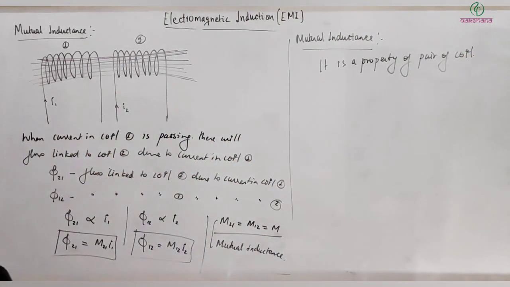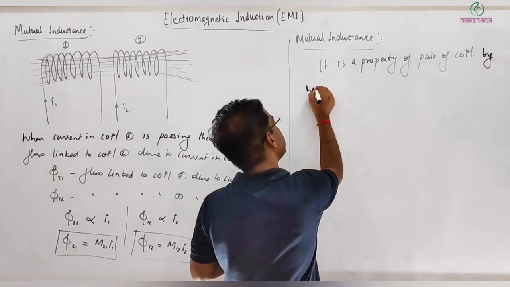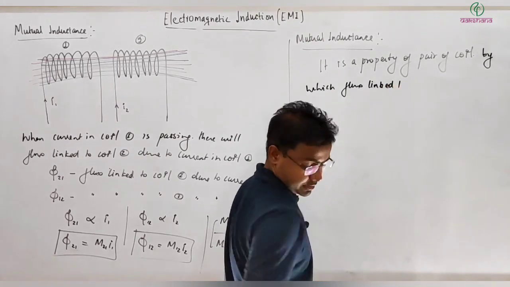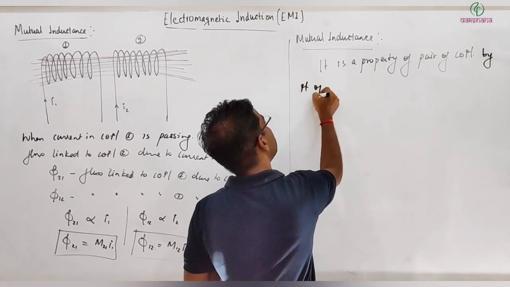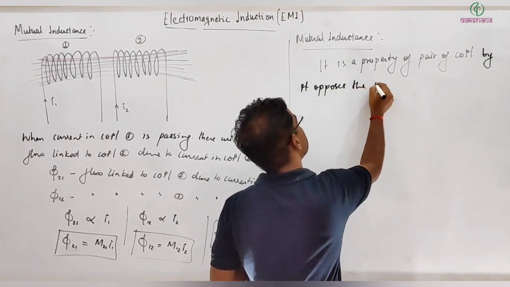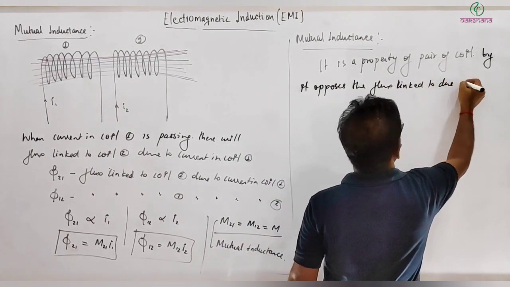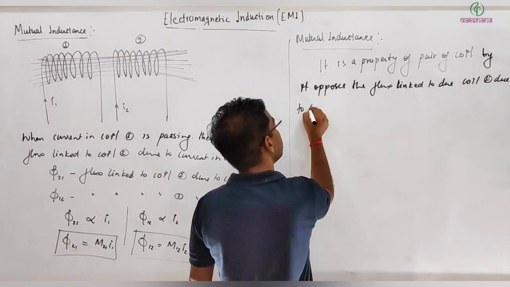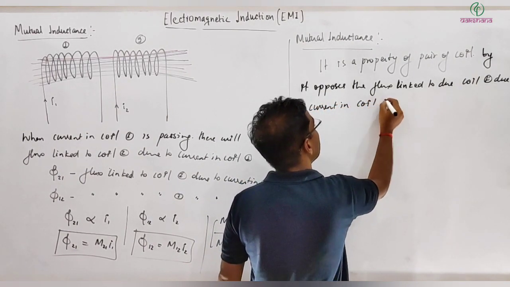So mutual inductance is a property of a pair of coils by which it opposes the flux linked to coil 1 due to current in coil 2.